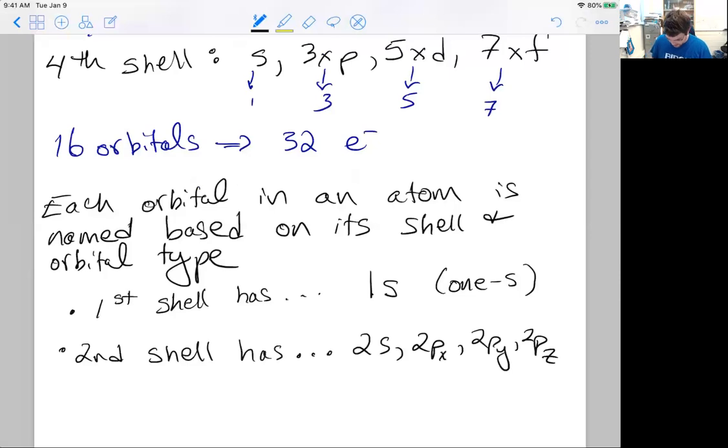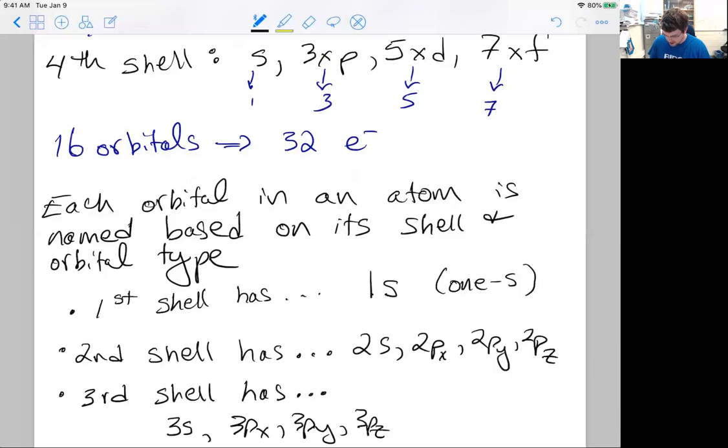Now, the mathematics gets a little bit more difficult in the third shell, and the axes are a little bit more cumbersome to consider for the d orbitals, but we could say we've got a 3s orbital, a 3px, a 3py, a 3pz, and then 3d, and there's actually 5 of them.